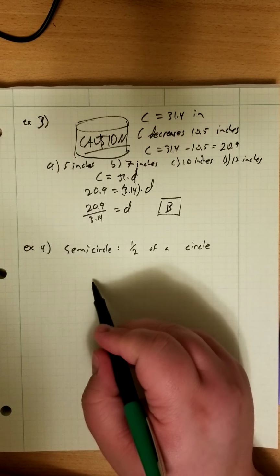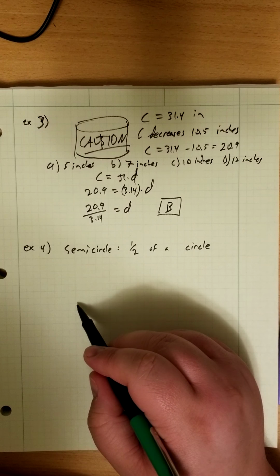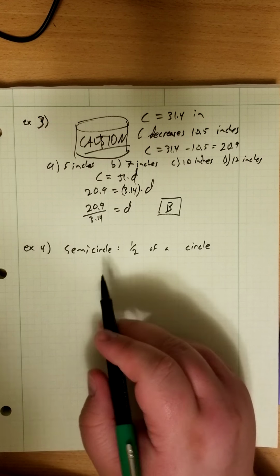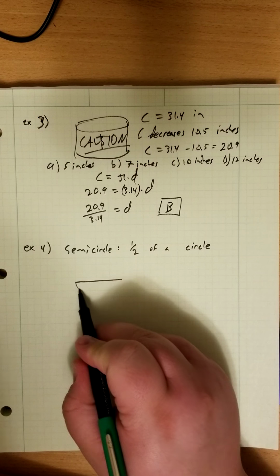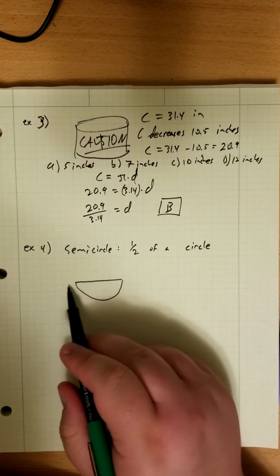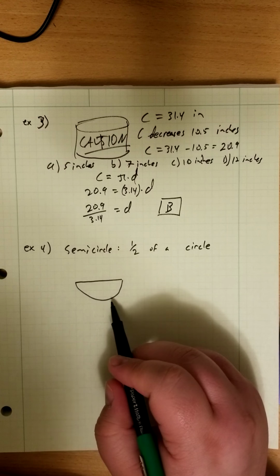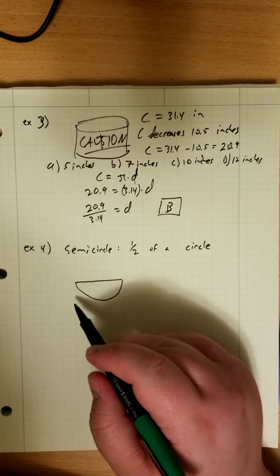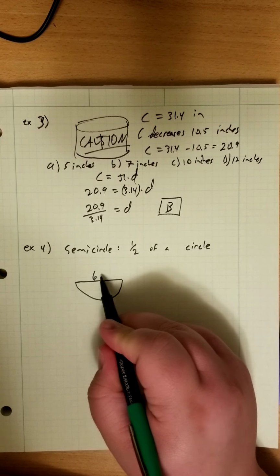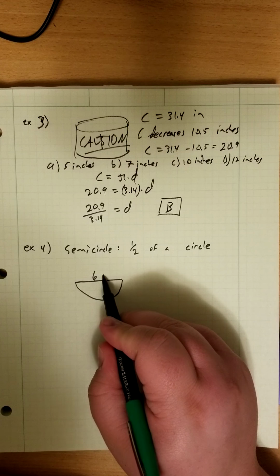If I have a full circle, then I have a circumference. But let's say I wanted to find the perimeter of this shape, assuming that this is a perfect circle, which I know it's not, but whatever. I know that the distance across here is 6 meters.